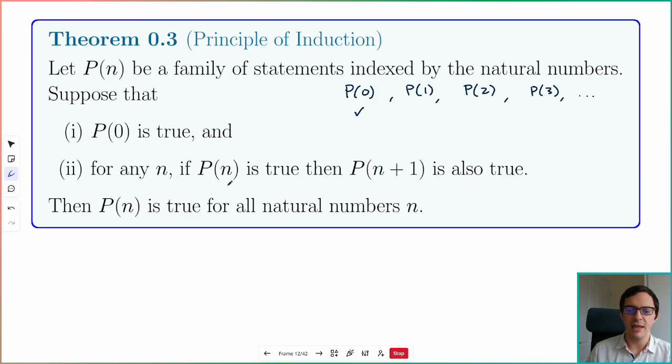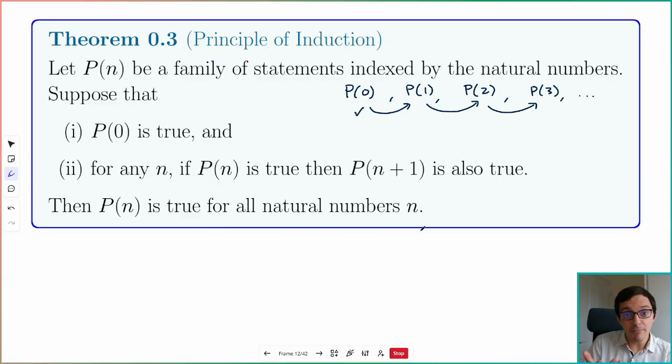So if P0 is true, then P1 is true, and if P1 is true, then P2 is true. If P2 is true, then P3 is true, and so on for any n. Then, as a result, says the principle of induction, Pn is true for all natural numbers n.